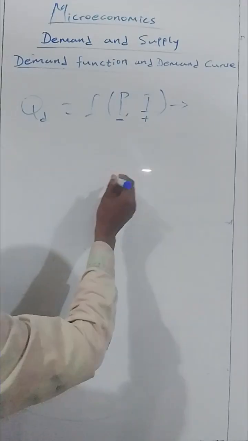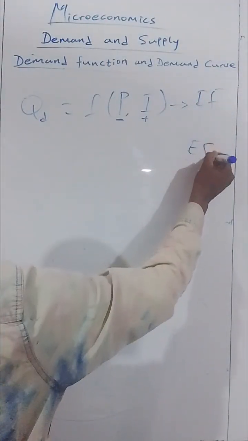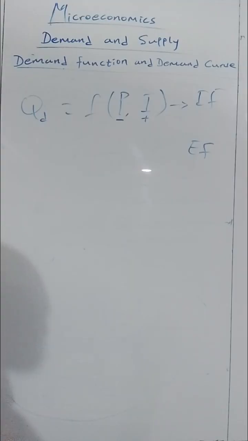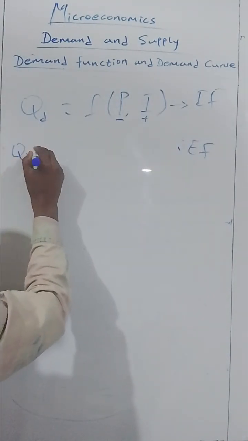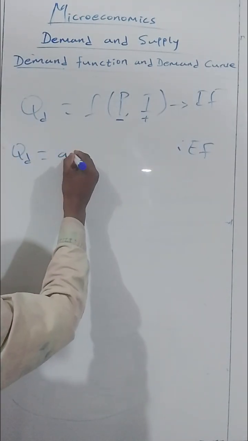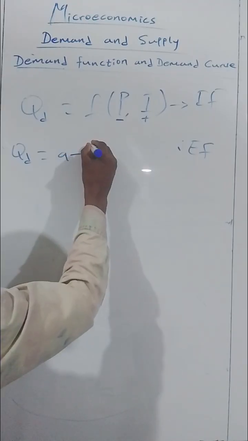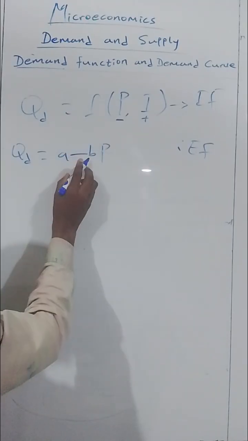So this is an implicit function, so we can have an explicit function that will show the equation form. So in other words, we have QD equals A minus BP. Why do I say minus BP?